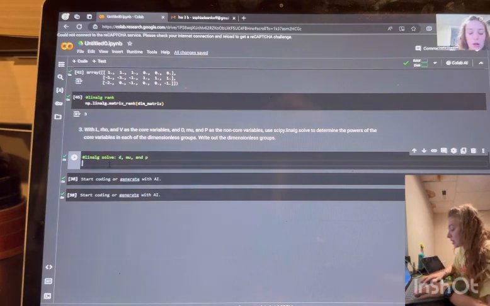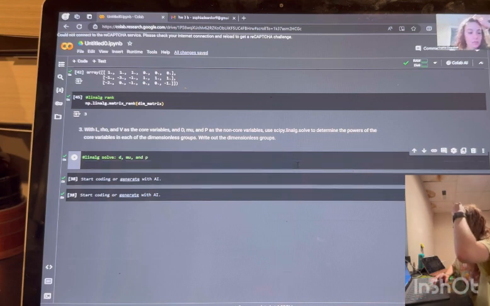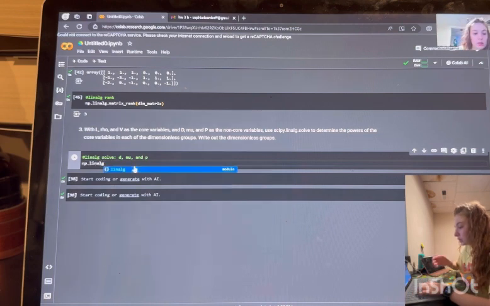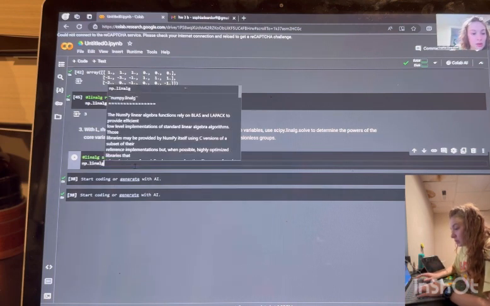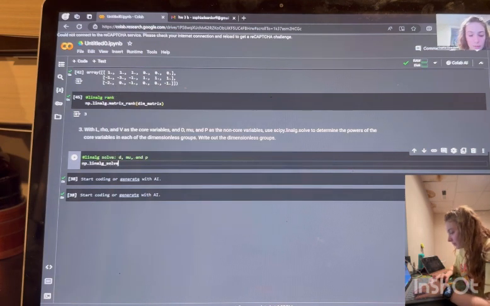So that's going to be the solve function, np.linalg.solve, and we're going to do that for all 3 of our variables.